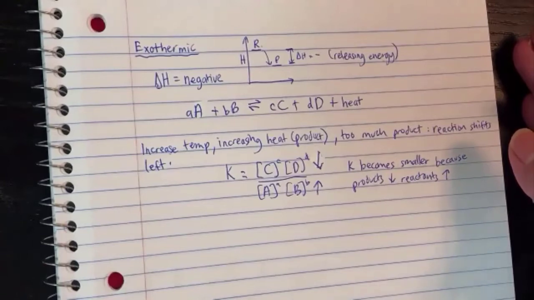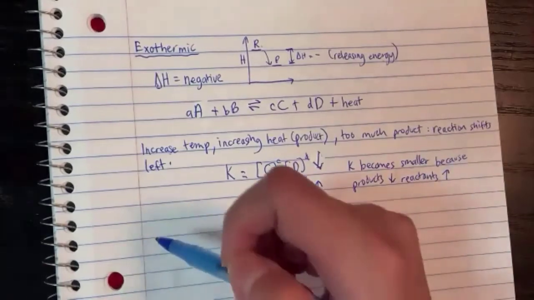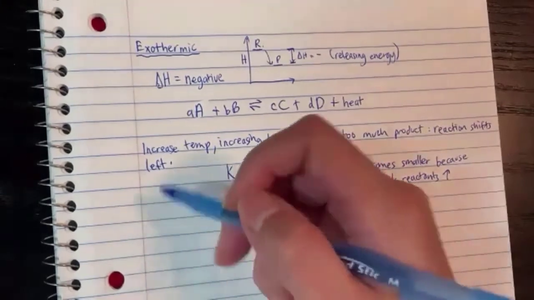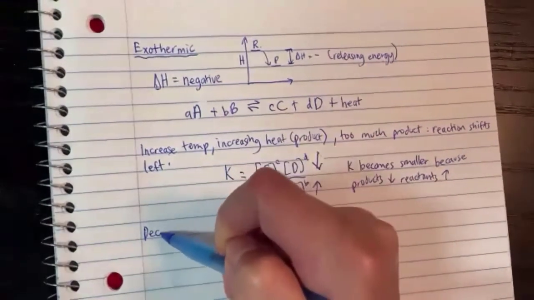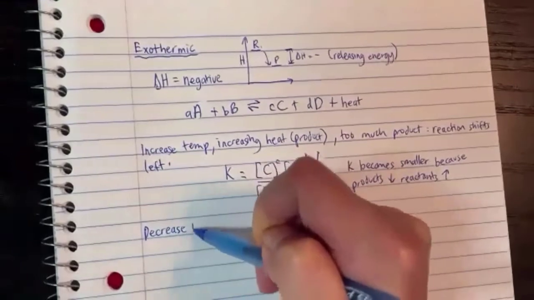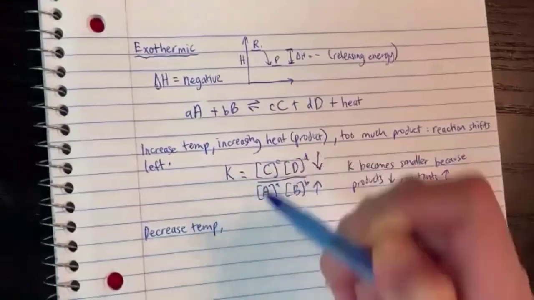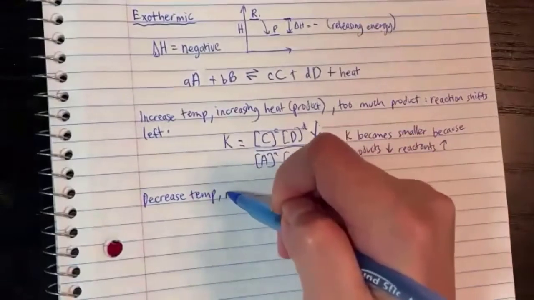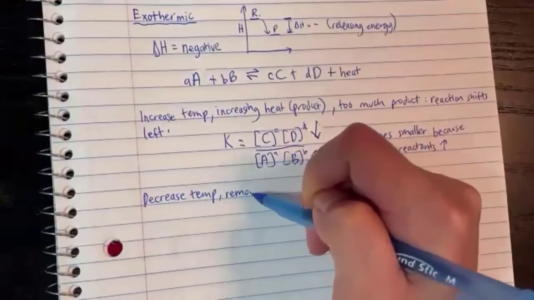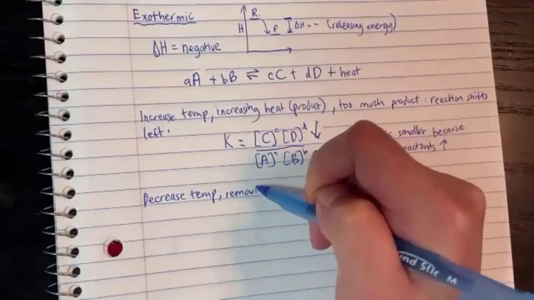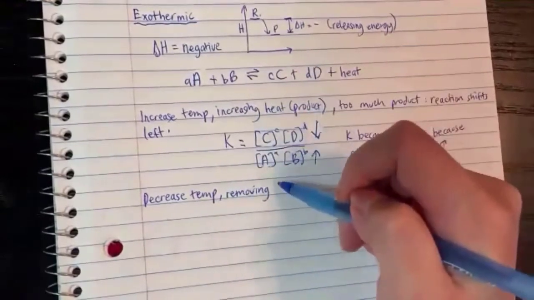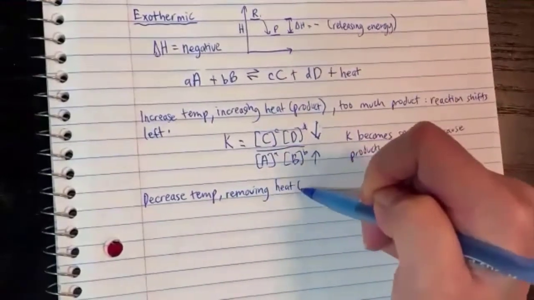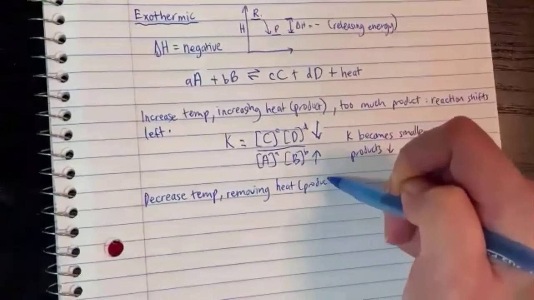Now let's take a look at the opposite scenario, where you decrease the temperature on an exothermic reaction. It would do the opposite, agree? If you're decreasing temperature, you're removing heat on the product side.